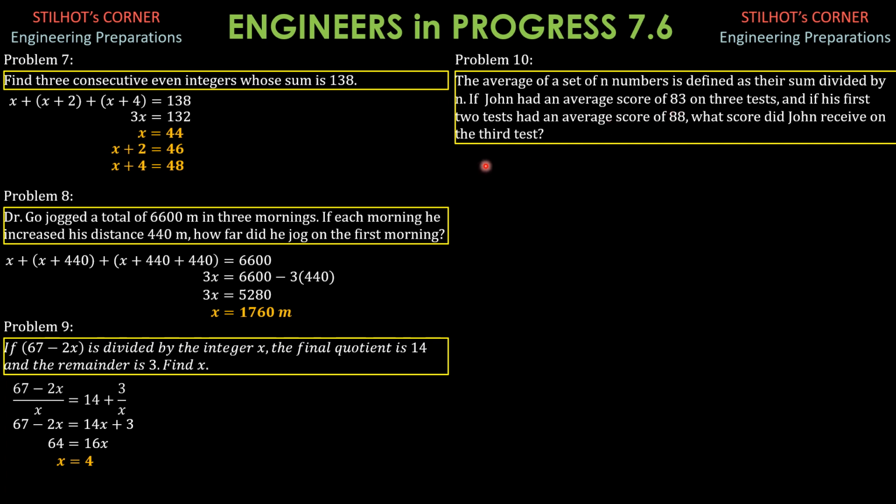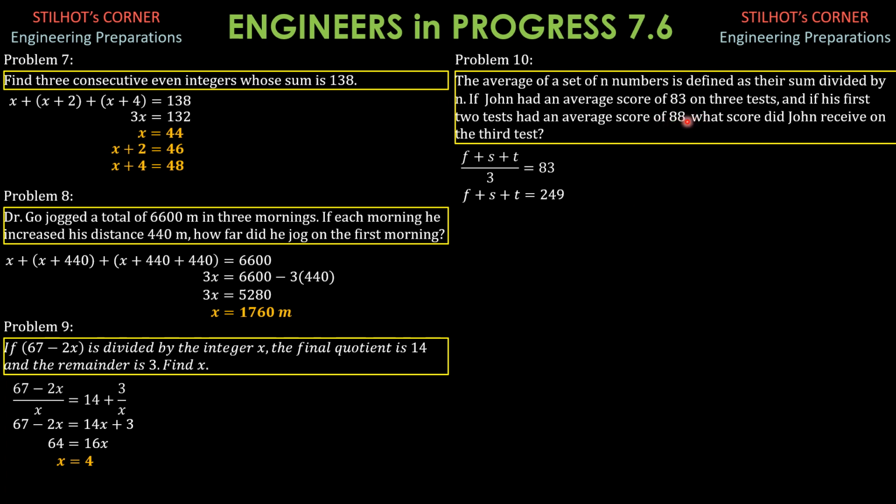So f plus s plus t all over 3 equals 83. So cross multiply, f plus s plus t equals 83 times 3, where t is the score that John received on the third test. 83 times 3 is 249, so f plus s plus t is 249.